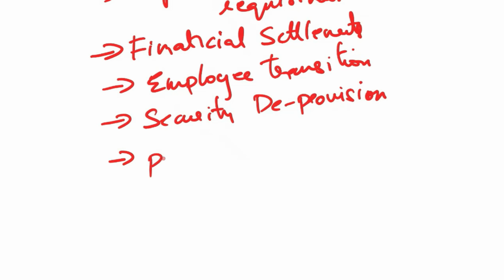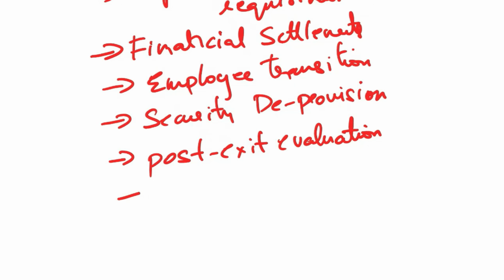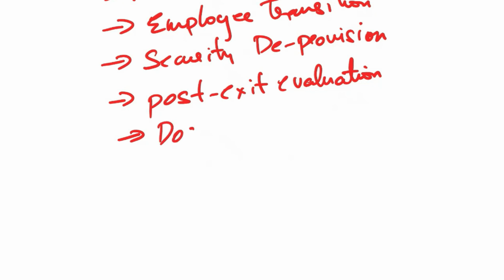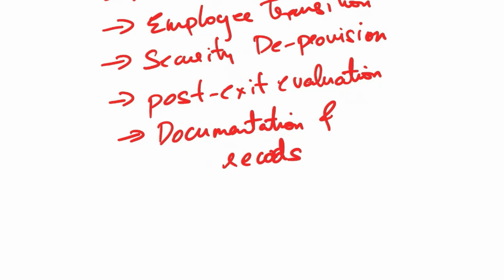Next, conduct a post-exit evaluation to assess the success of the transition process. Identify lessons learned, areas for improvement, and any residual risks that need attention. Next, maintain comprehensive documentation of the exit process, including communication records, transition plans, and any agreements reached during the termination.